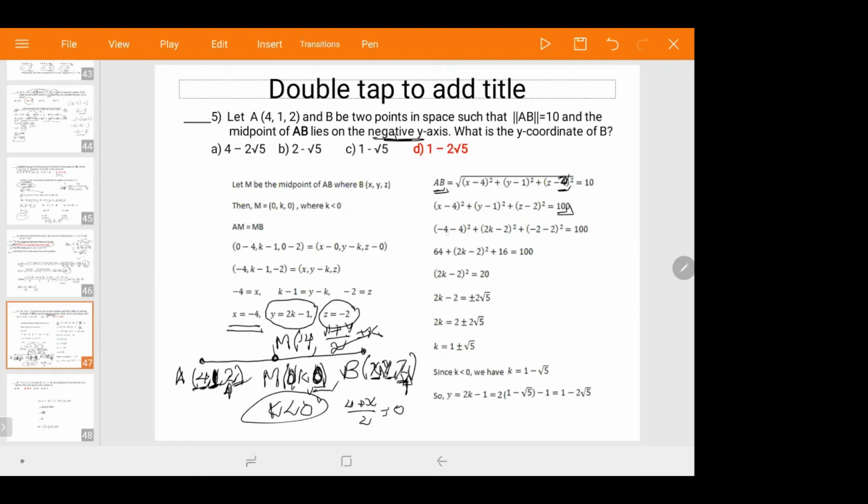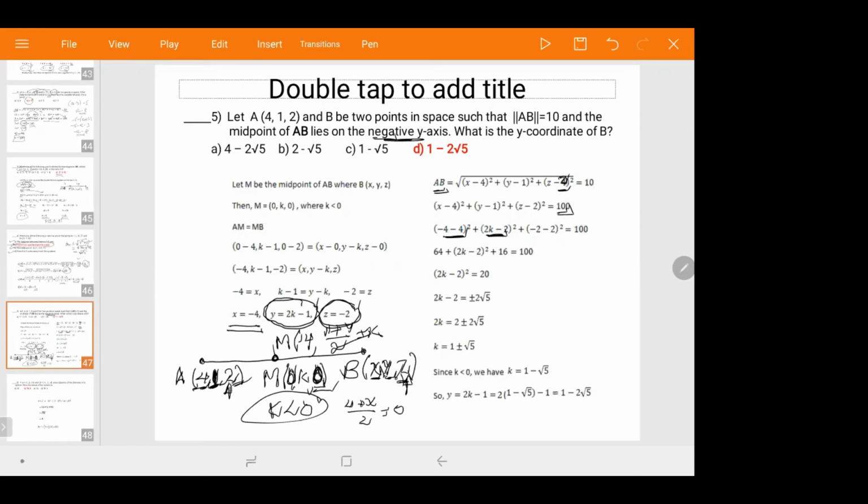But x is negative 4, so you'll have (negative 4 minus 4) the whole square. But what is y? y is 2k minus 1, and 2k minus 1 minus 1 is 2k minus 2. So (2k minus 2) squared plus, what is the value of z? It is negative 2. (Negative 2 minus 2) squared equals 100.